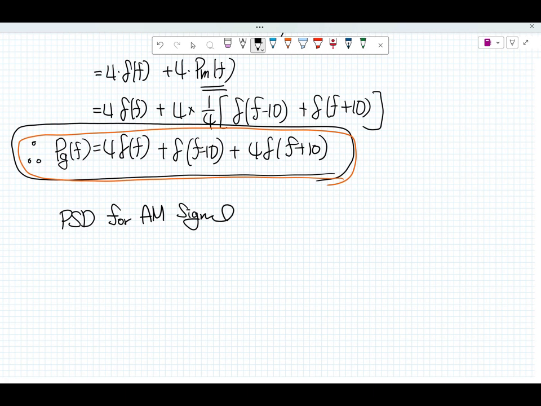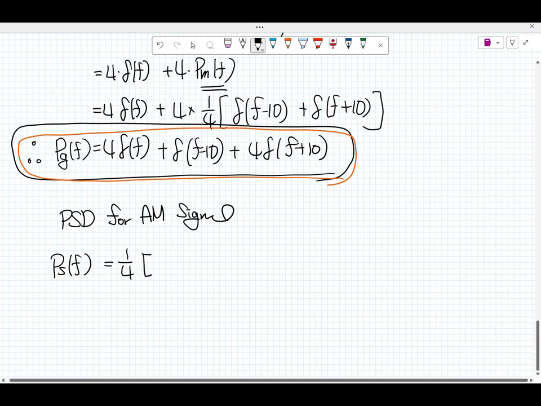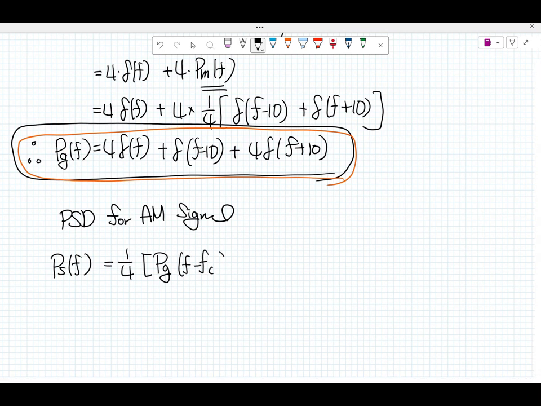That is the P sub s of f. So P sub s of f is 1/4 P sub g of f minus f sub c plus P sub g of minus f minus f sub c.